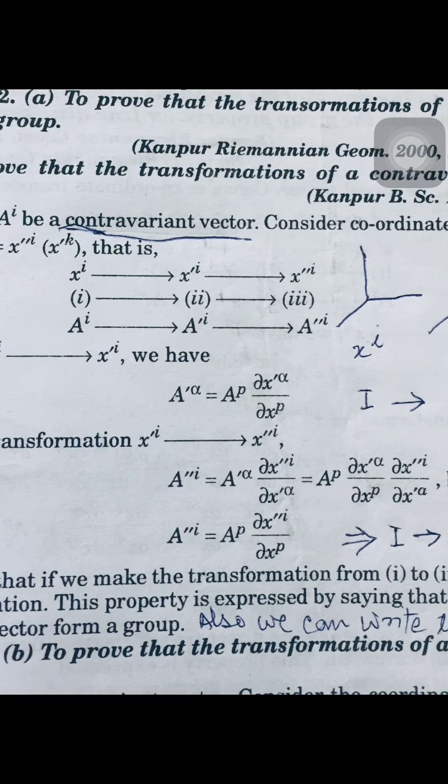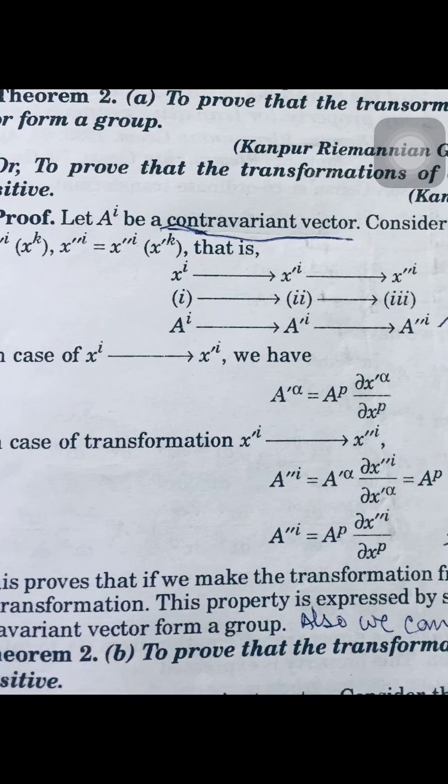The related tensor or vector components are A^i, A dash i, and A double dash i, corresponding to first, second, and third. We assume A^i to be the contravariant vector. Consider coordinate transformations from x^i to x dash i and x dash i to x double dash i, and so on. This is shown by the arrow diagram.